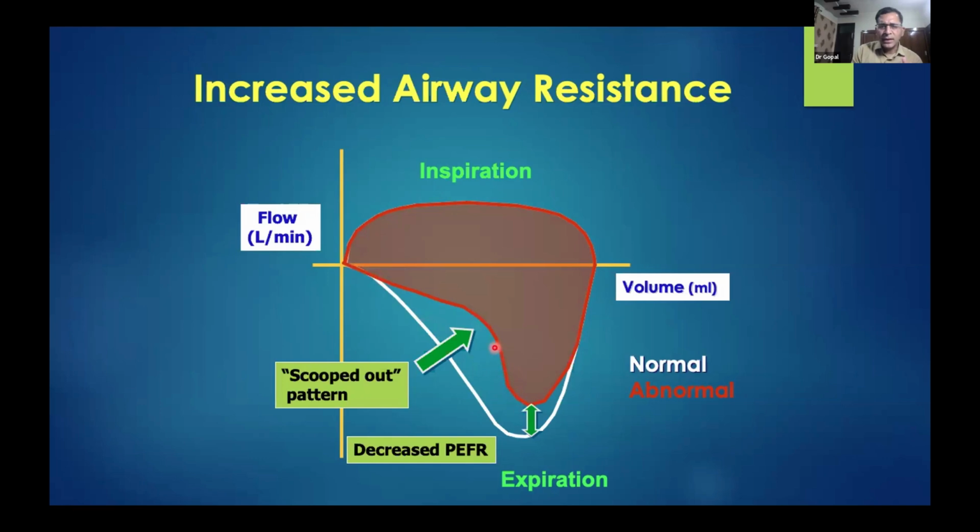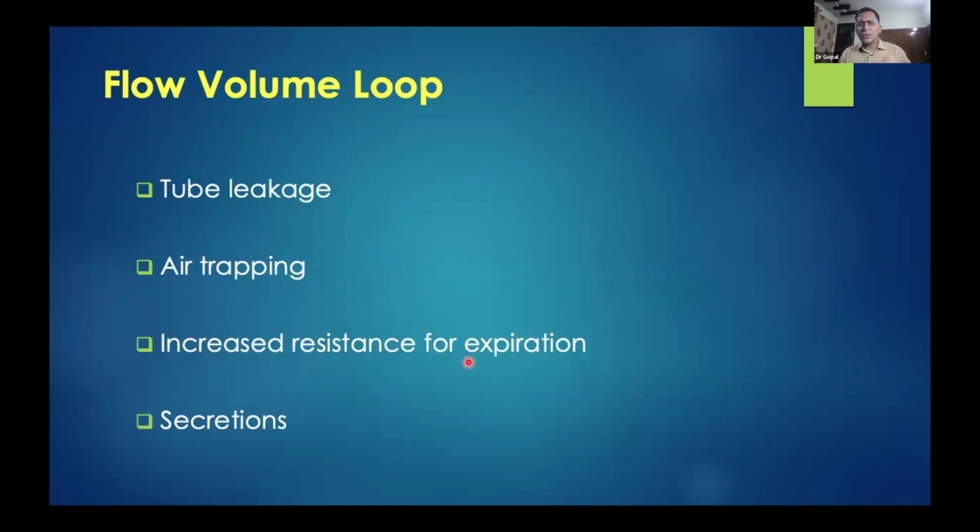There will be an indentation in the expiration. The PEFR will be reduced and there will be an indentation in the loop. That means there is some resistance in the air. There are various patterns of determining resistance, intrathoracic, extrathoracic, and all that. I'll not go into detail of that.